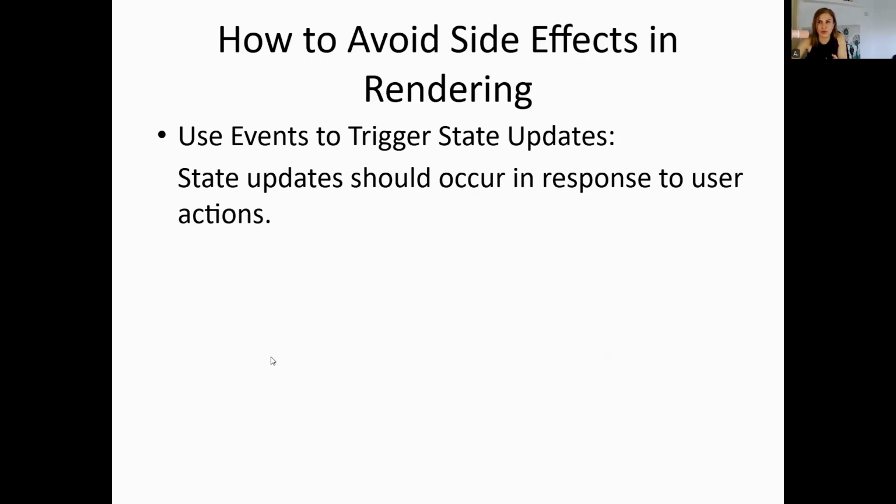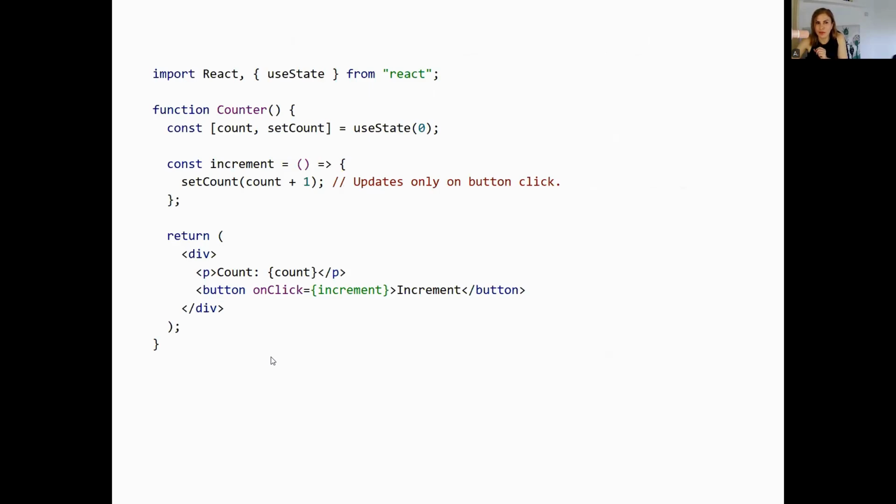Instead of calling those API calls or these useState changes directly inside of the render process, we must use a function for the state updates. We shall not allow the state update to happen just like that inside of the re-render process, but just after an interaction, when the user is interacting with the UI. Just like here, after a button click, I allow the increment function to execute.